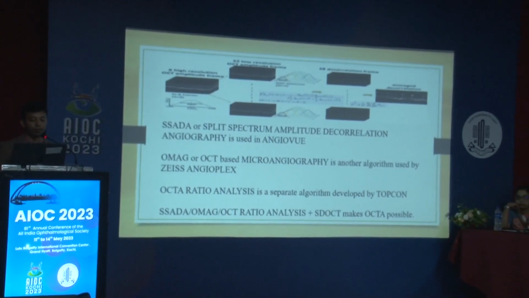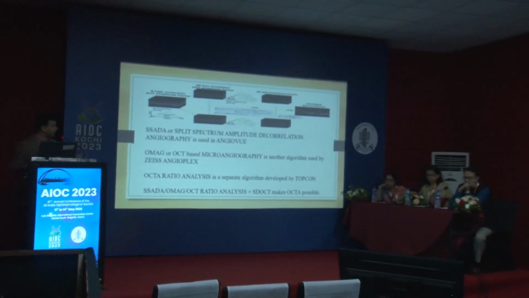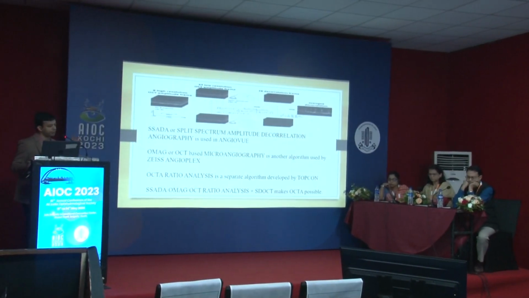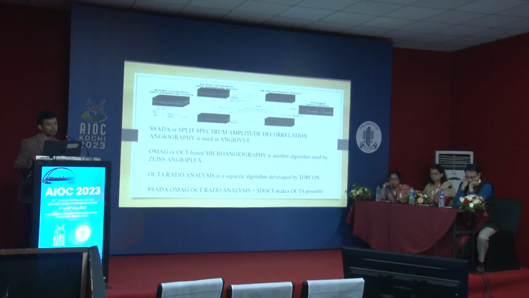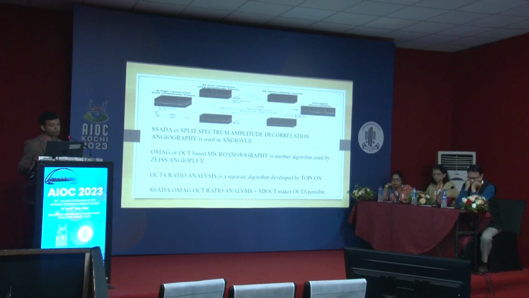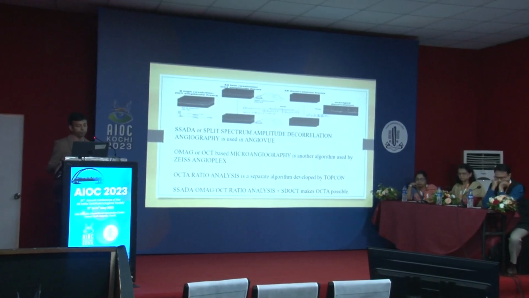All the machines have their own softwares, be it SSADA, which is known as split spectrum amplitude decorrelation angiography, which is there in AngioView, or OMAG, the OCT based microangiography. It's in Zeiss Angioplex, or OCT ratio analysis, which is there in Topcon.